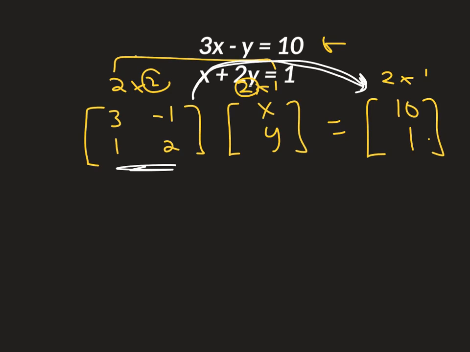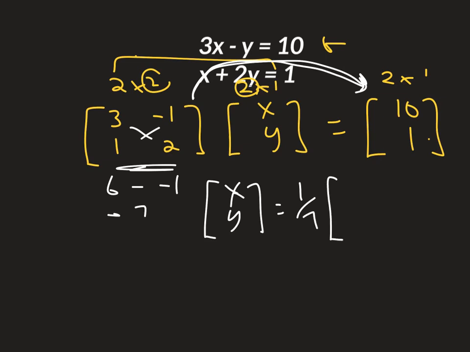I'm going to find the inverse first. Multiply, that's 6. Multiply, that's negative 1. Always subtract, that gives me 7. So when I move it over, I'm going to leave the xy over here. I'm going to put the 1/7 in the front. I'm flipping the 7. I'm going to switch places with the 2 and the 3, change the signs on the 1s, and I still have the 10, 1 here.